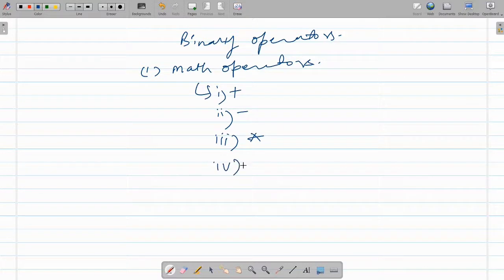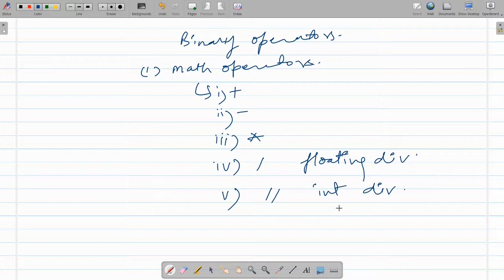Fourth one is called floating division. Fifth one is called integer division. And sixth one is mod.